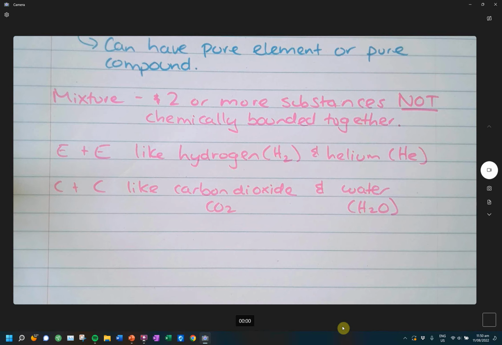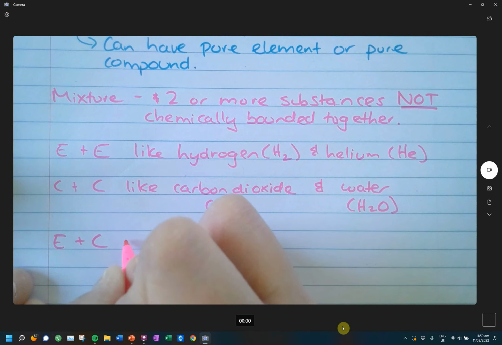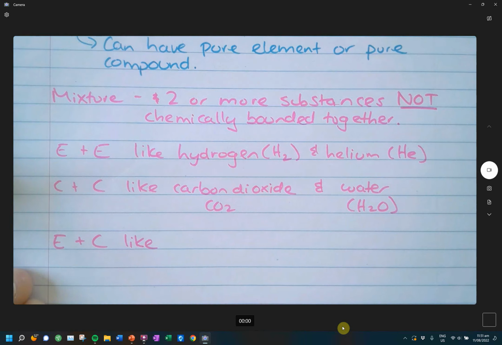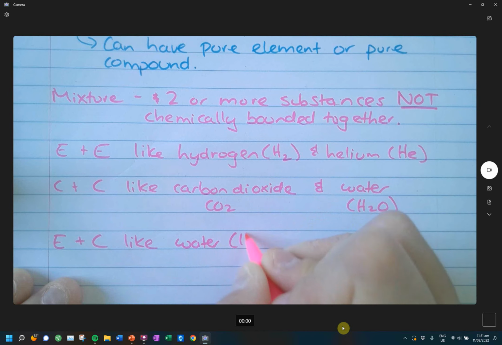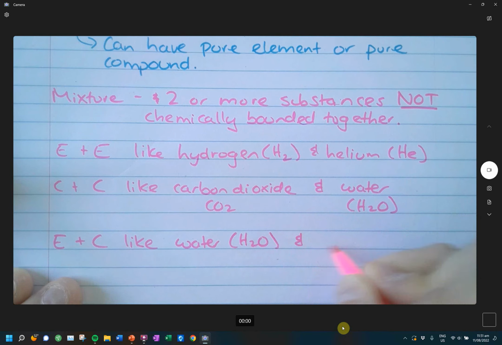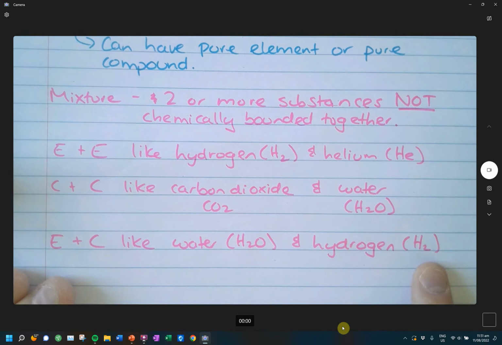I could also have a mixture of an element and a compound, like water and hydrogen. Remember that hydrogen is still an element, even though it has two atoms, because they're the same. So those are some examples.